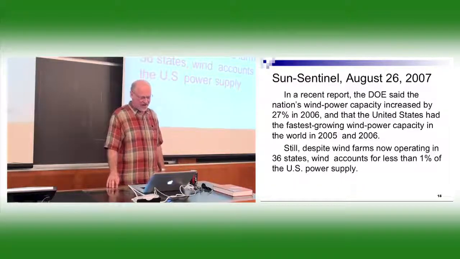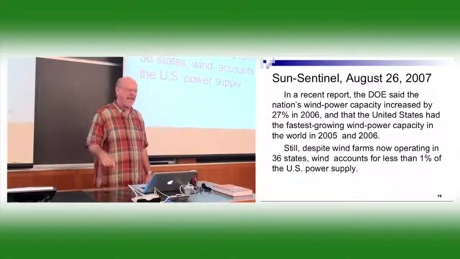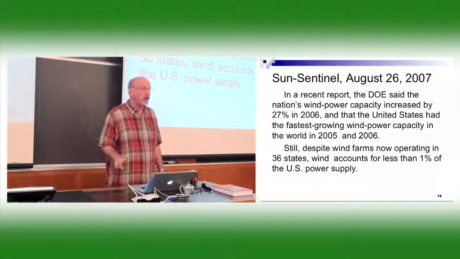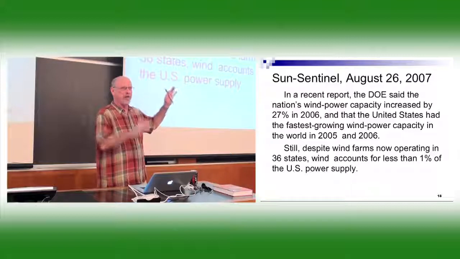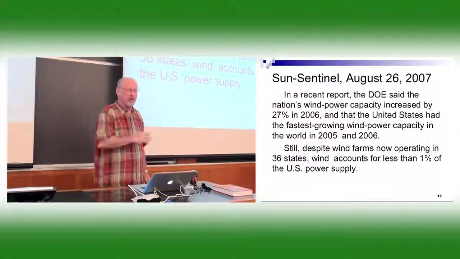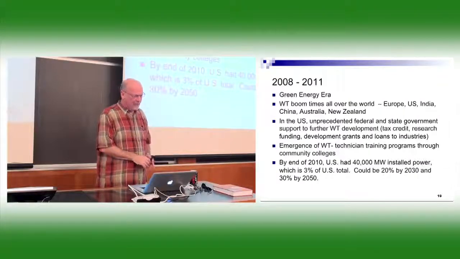In 2007, just 1% of our power was from wind. Now today in 2011, it's 3% of our power, so it's triple. And it's going to keep going up. Of course, the demand is going up, so the pie you're getting a piece of is growing. So you have to grow faster than the pie grows, even to keep your percentage the same.